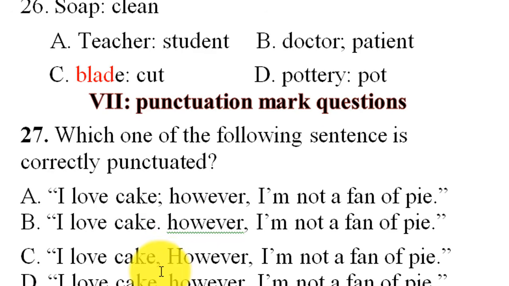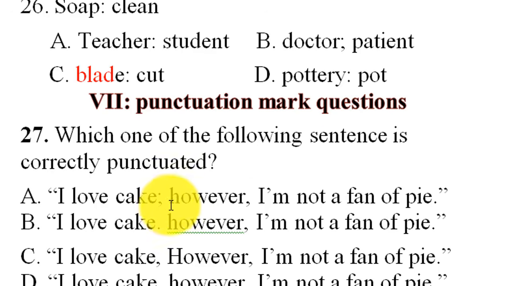This is a comma, and there is a comma here. If there is a comma, this must be a small letter, so that's wrong. Still there is a comma here, and the same with I think, so that's completely wrong, because however doesn't precede with a comma.